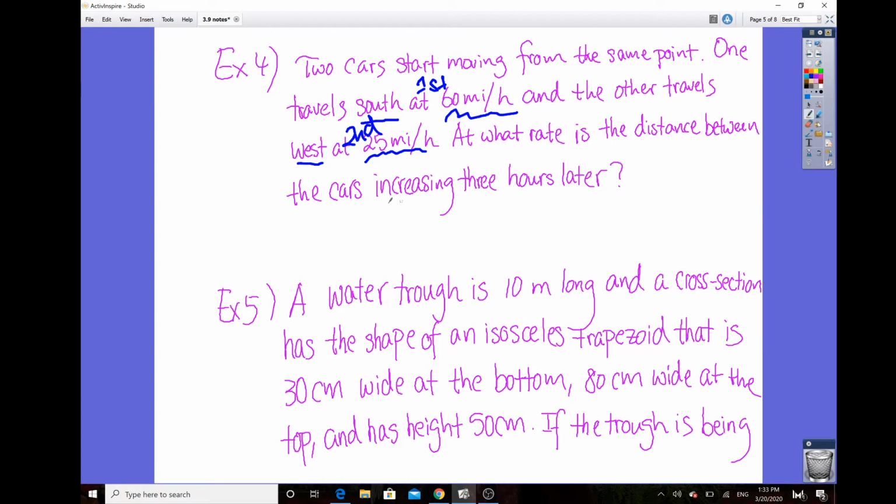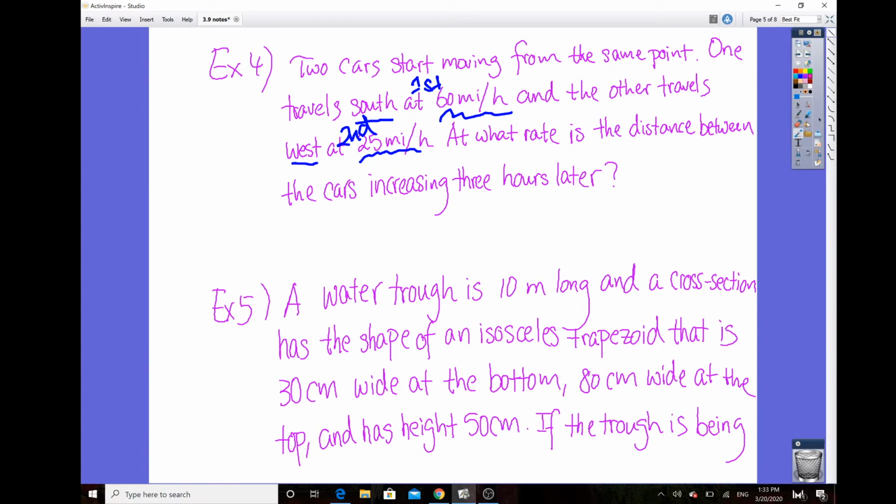Three hours later. So now let's just draw the diagram first. So one is going down south. So that means the first car is going down south like this. Okay, so the other one is traveling west.